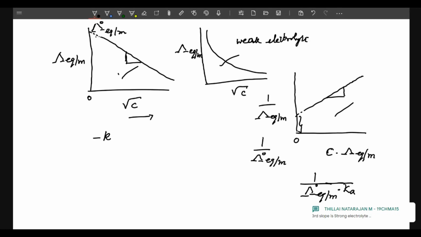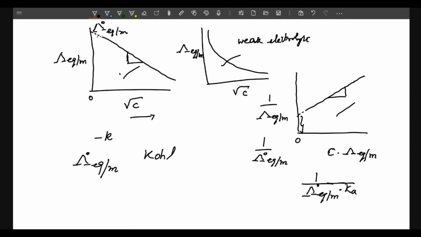But this lambda naught can be theoretically calculated; equivalent or molar conductance can be calculated using the Kohlrausch law. What is Kohlrausch law? We will see it tomorrow.